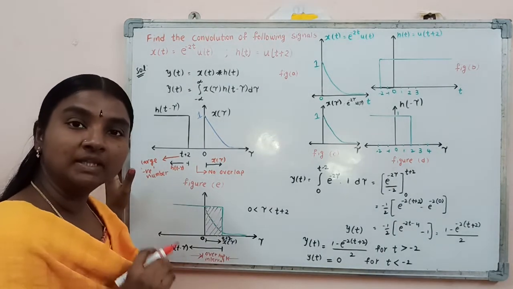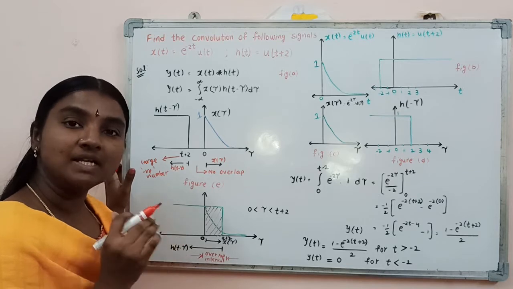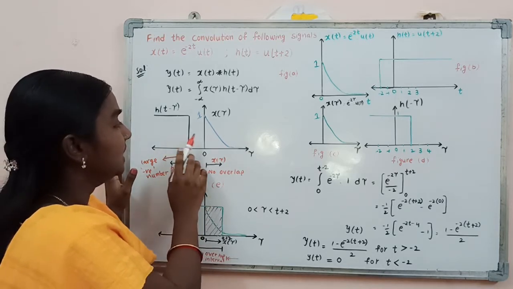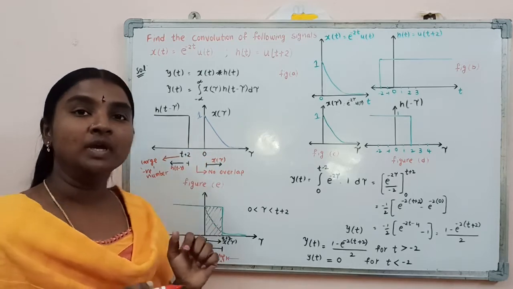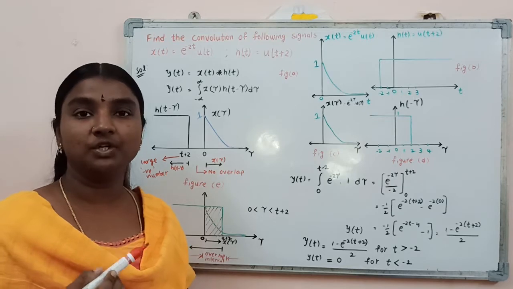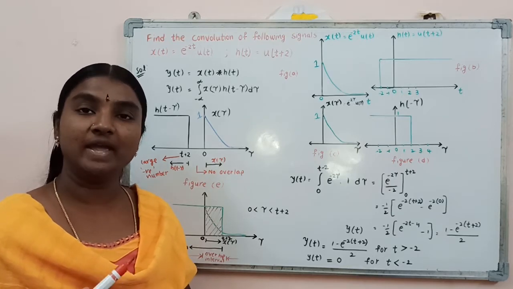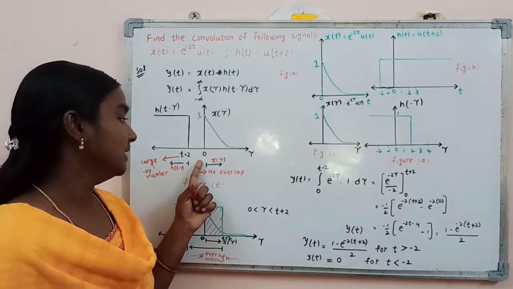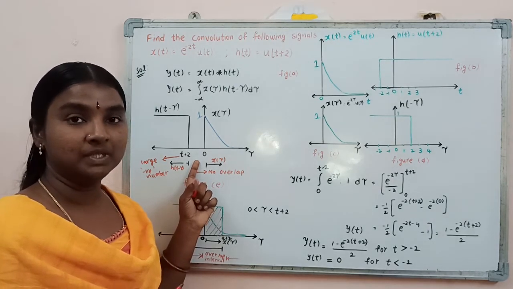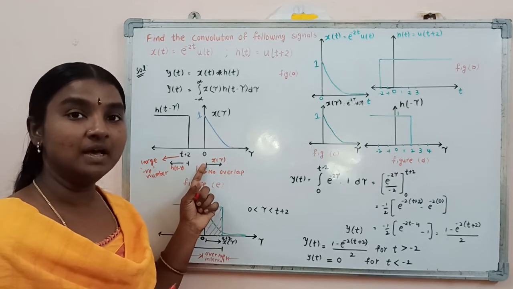When we draw these two signals on the same tau axis, there is no overlap between them. If there is an overlap between the two signals, then we can find the output signal y of t. But here, with this large negative time shift, there is no overlap. So we need to change the time shift.